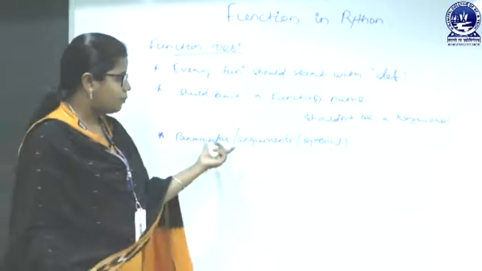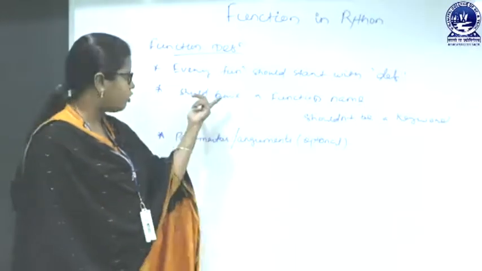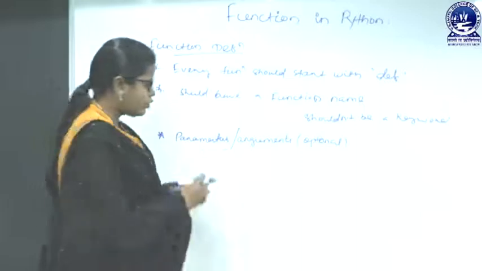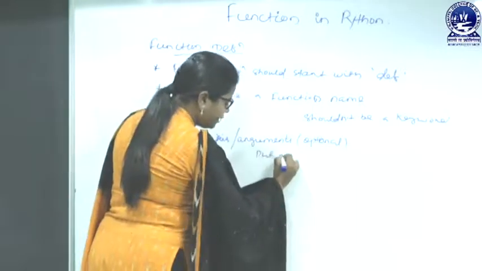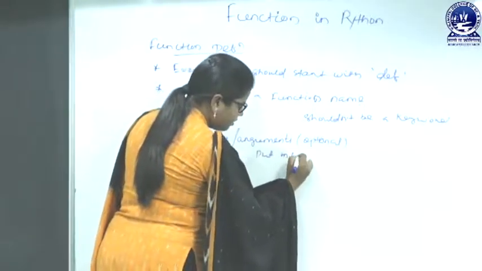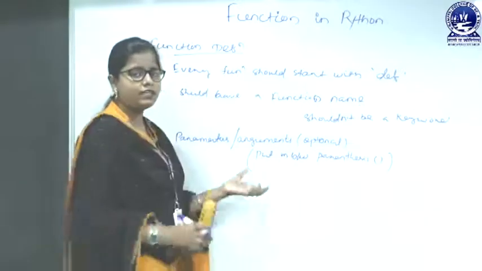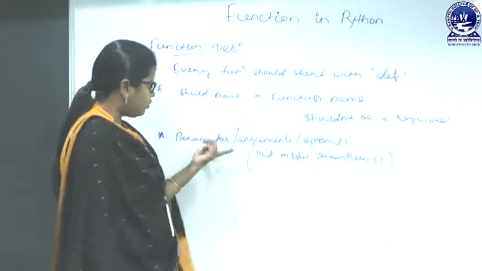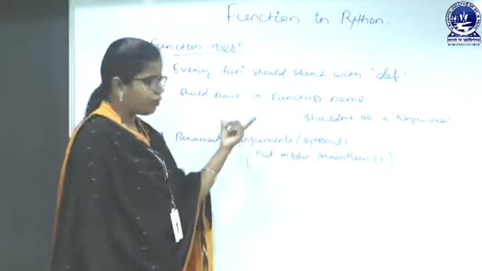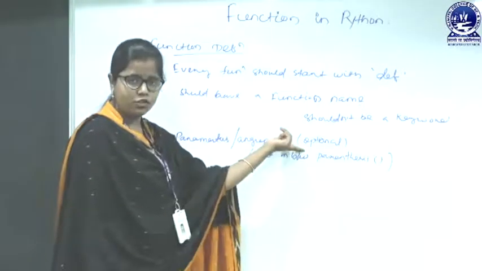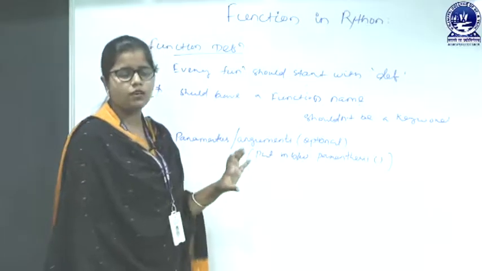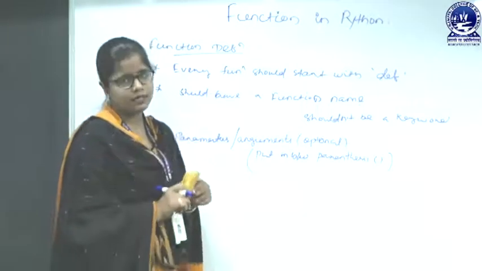The parameters or arguments follow the function name, and they should be put in between parentheses, or you can call it a round bracket. This is optional. If you do not have any argument, then you just put empty parentheses there.